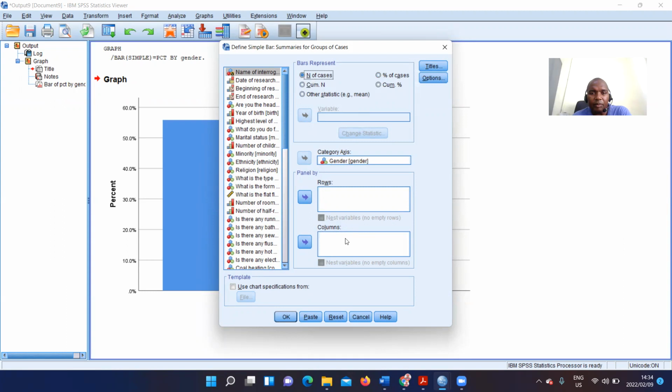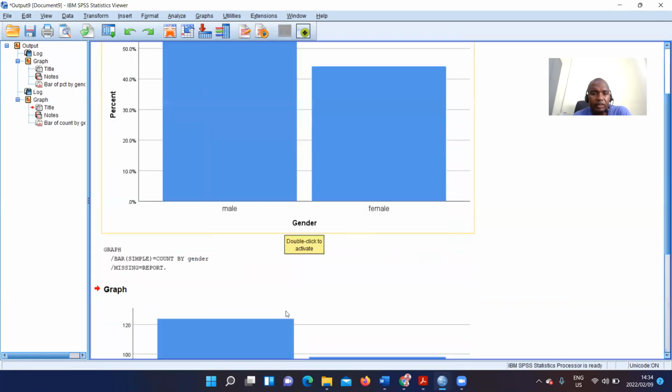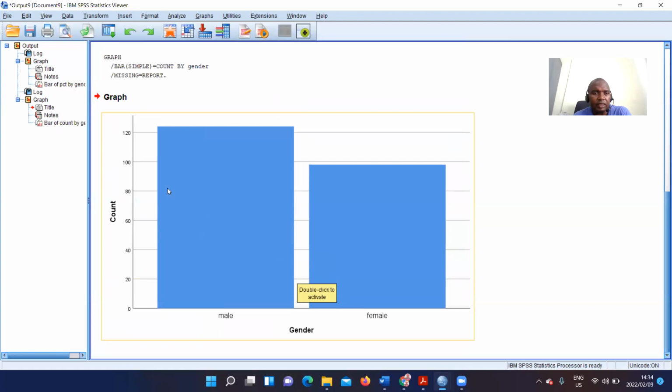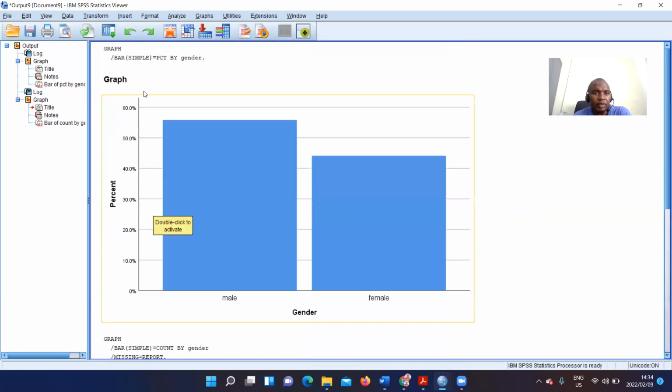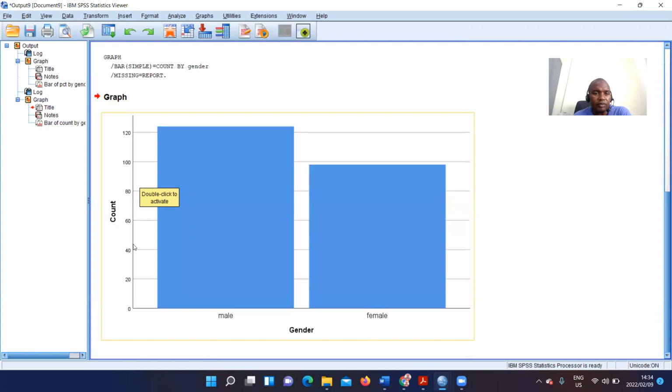We can have number of cases. Click OK. It gives us another graph, which instead of percentages is now giving us the number of cases. So there are more than 120 males and slightly below 100 females.